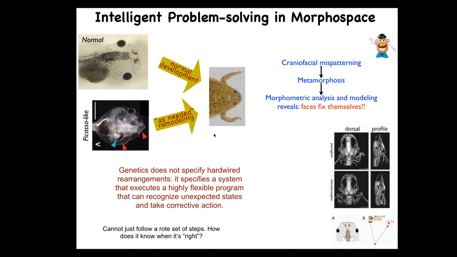In fact, if they go too far, they actually double back, and everything will sort of rearrange relative to each other until you get to a correct frog face. And so what the genetics actually gives you is an amazing system that executes a problem of error minimization. It's able to take novel actions to correct towards a particular outcome. This is William James's definition, the ability to reach your same goal by different means.